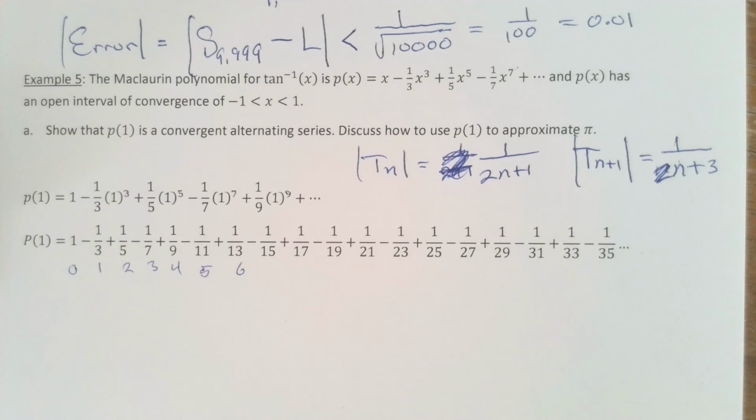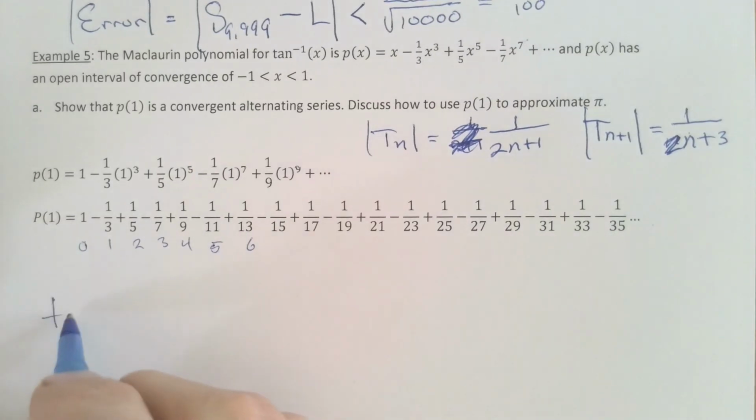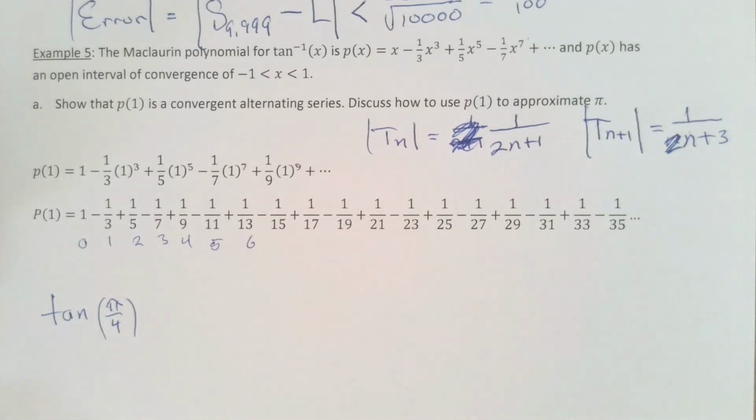So to what does it converge? Some number between 0 and 1. Well, what number is that? Okay, remember the tangent of pi over 4? That's the sine of pi over 4 divided by the cosine of pi over 4, which is root 2 over 2 divided by root 2 over 2.